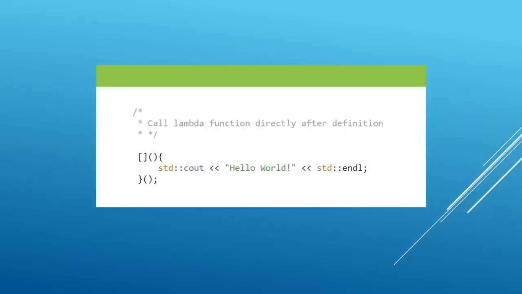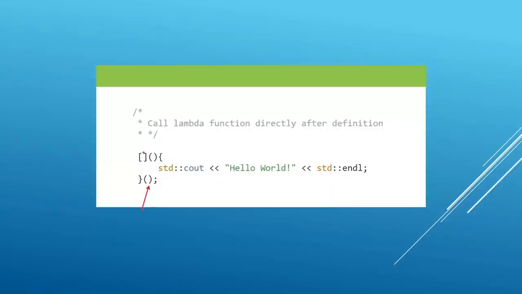Okay, we have seen that we can give a name to our Lambda function and call it. But it is also possible to call our lambda function directly without giving it a name. And we do that by appending a pair of parentheses to the lambda function definition here.